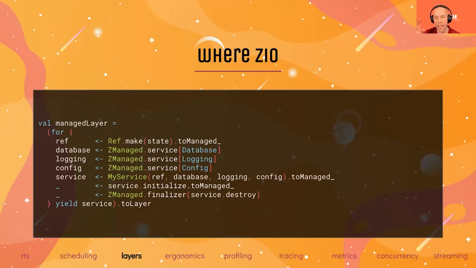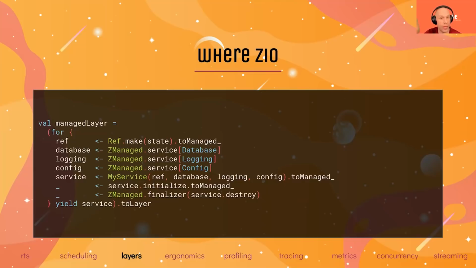So if you have a layer that needs to allocate and deallocate things, then you just do everything in ZManaged. So you call ZManaged.service and you just convert things to managed, and then you can use managed things like connections and files and sockets and things from pools, connection pools and other types of things.